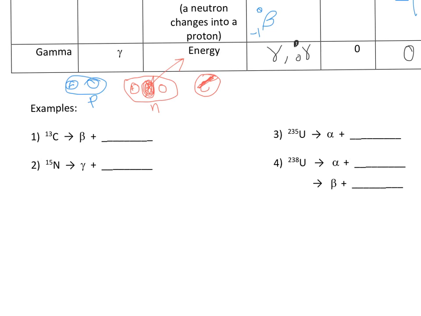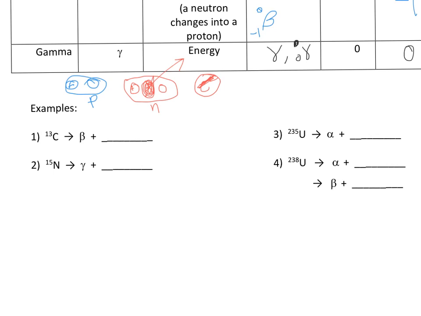So we'll start with a carbon-13 isotope decaying and giving off a beta particle. To solve this, the first thing you want to do is write down the atomic and the mass numbers for each part that you see in your equation. Carbon, in this case, has a mass of 13.